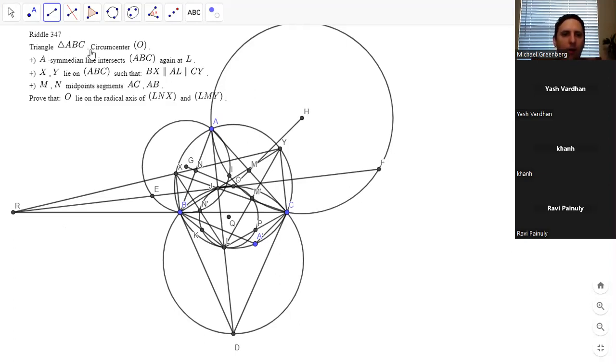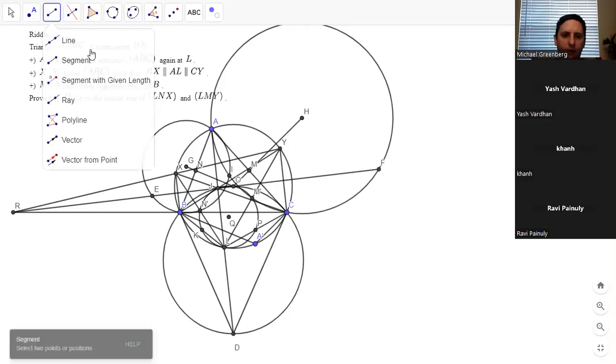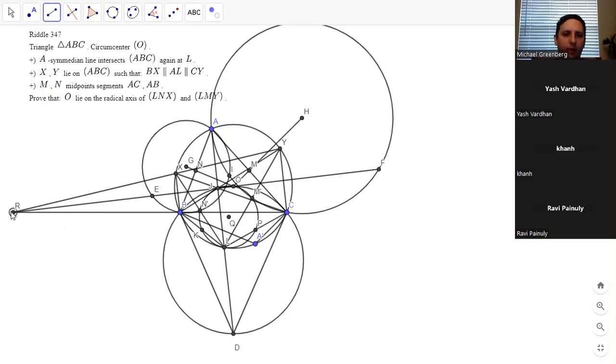I wonder if RA and RL are tangent to the circle. Yeah, because once we know that that's harmonic, I think it's not hard to show that these are both tangent, right? Yes. Well, we know the two tangents have to concur with XY.